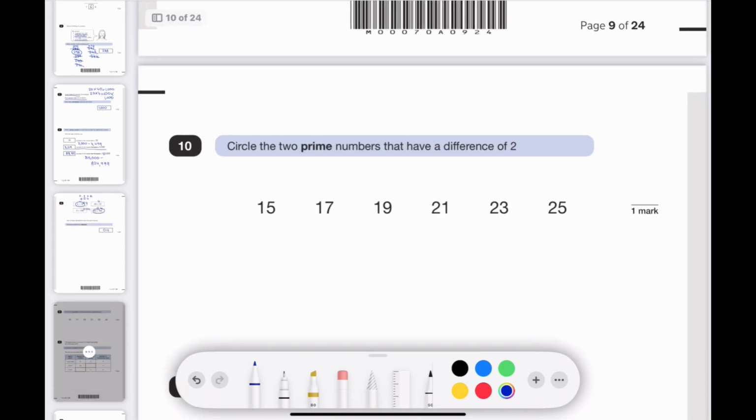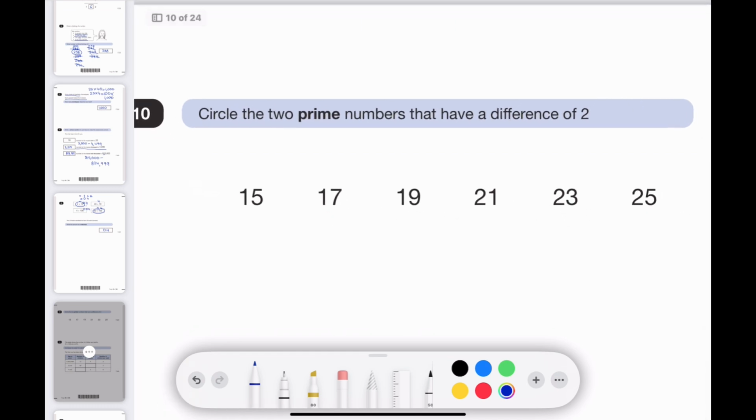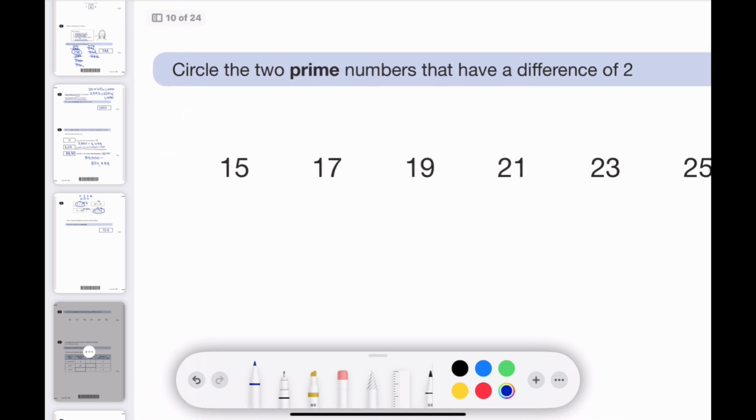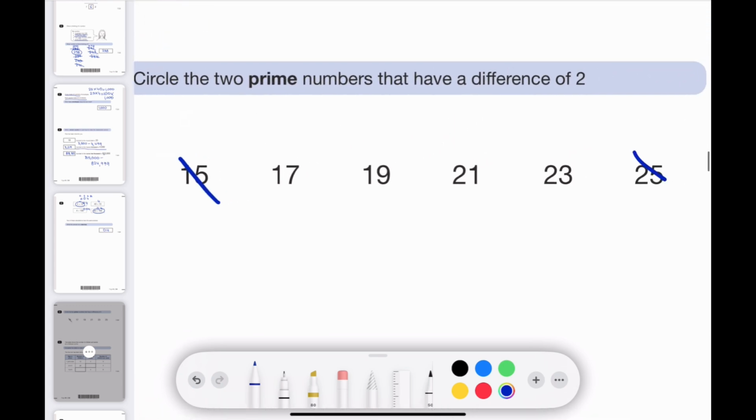Question 10. Circle the two prime numbers that have a difference of 2. So let's work out all of the prime numbers first. So 15 and 25 are not prime numbers because they have more than 2 factors because they are in the 5 times tables. 21 is also not a prime number because it has more than 2 factors and it is in the 3 times tables.